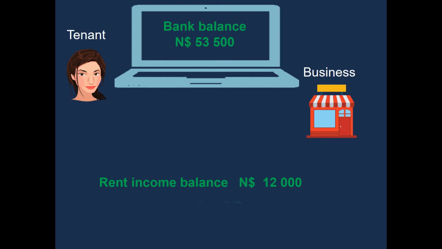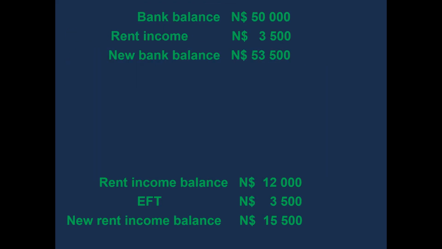Now it receives 3,500 Namibian dollars in the form of rental income paid via EFT. The new balance of rental income is 15,500. So now, in the light of this transaction, our bank balance increased because we received money and our rental income increased at the same time.